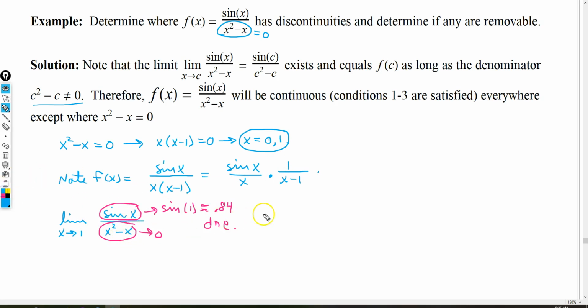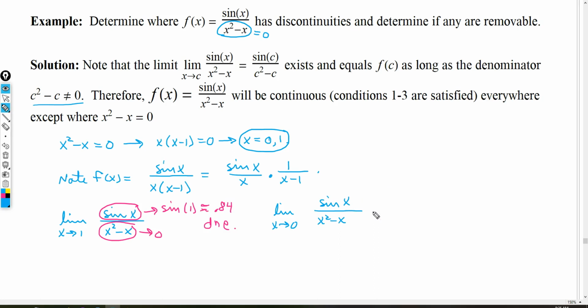Now let's consider the limit as x approaches 0. Well, let's write this function as follows. Well, before we do that, let's notice one thing. If I put 0 in here for x and in for x in the denominator, we get 0 over 0. That indicates that this limit may exist, so we need to do further analysis on it.